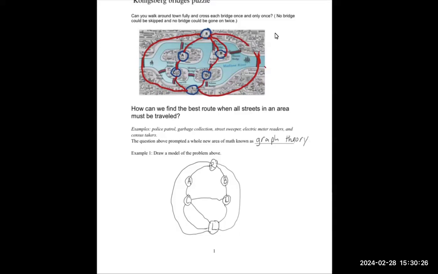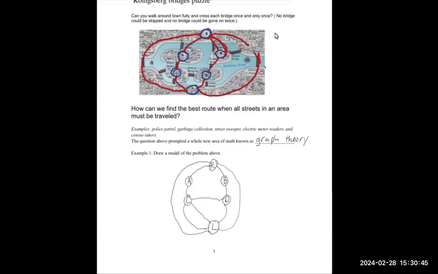I just draw this bridge right here, going straight up from B to R. So there's actually two bridges going between R and B. This one here and that one there, but I drew them both going in the same direction because it doesn't really matter. We'll see when we're doing this graph theory, it doesn't really matter.